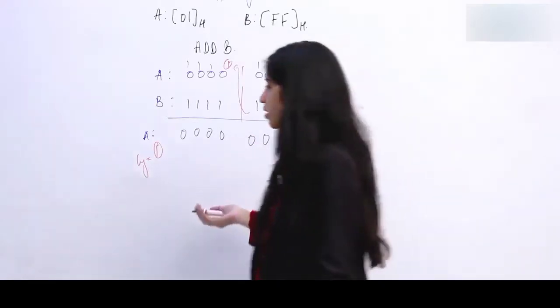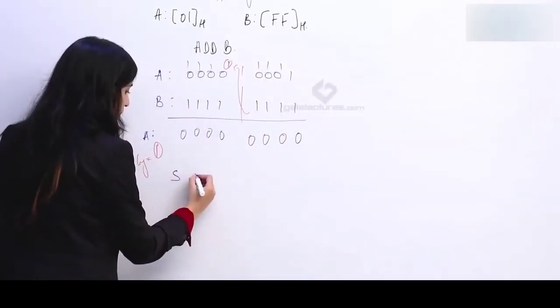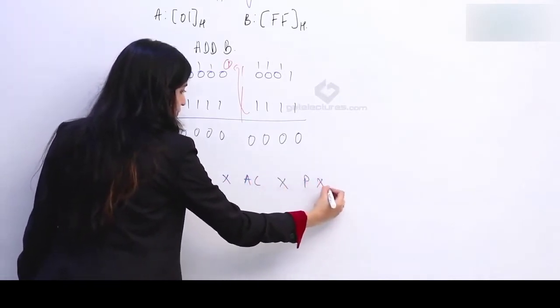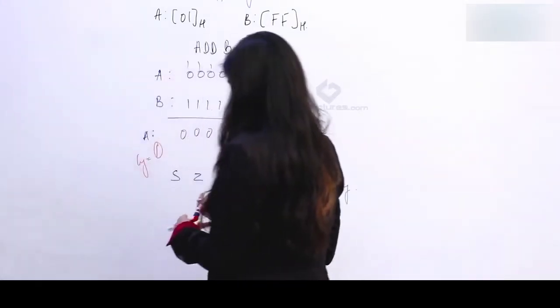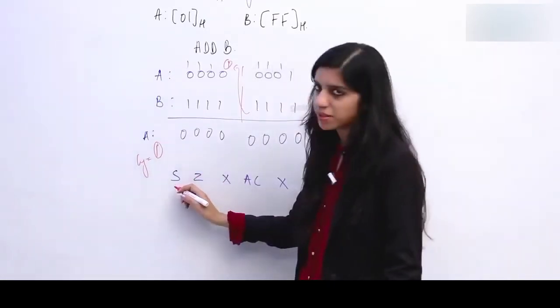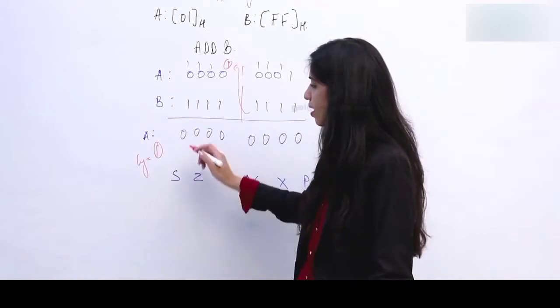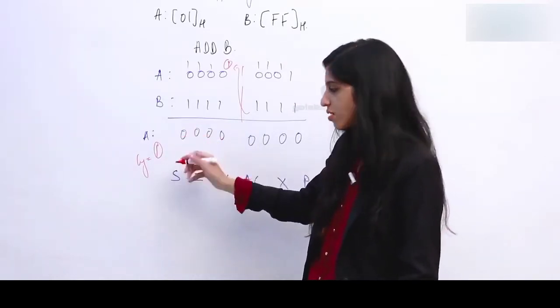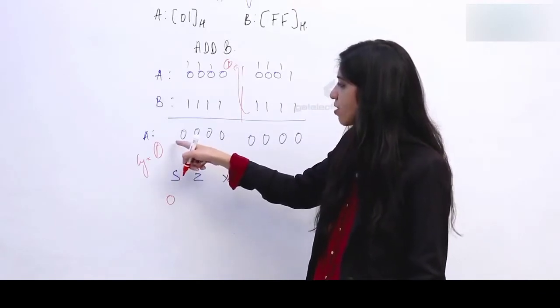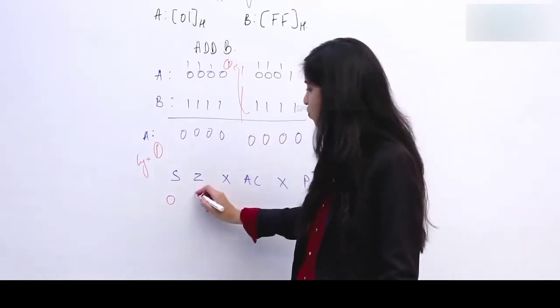Now just have a look at all the flags. What is going to happen to all the flags? Let us see. The sign flag is set when the MSB of the result is 1. The MSB of the result is 0, so this is going to be 0. The zero flag is going to be set because the final result is 0, so this flag is going to be 1.